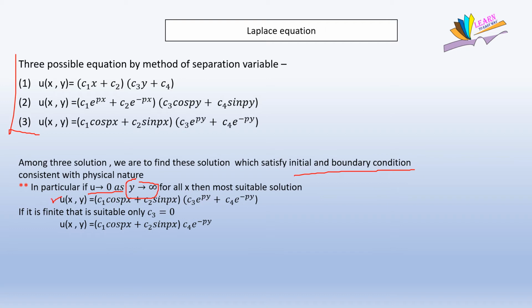If it is to be finite, it is suitable only if c3 is equal to 0. This equation will be finite if c3 is equal to 0. So putting c3 is equal to 0 in this equation, we get u of xy is equal to c1 cos px plus c2 sin px into c4 e to the power minus py.